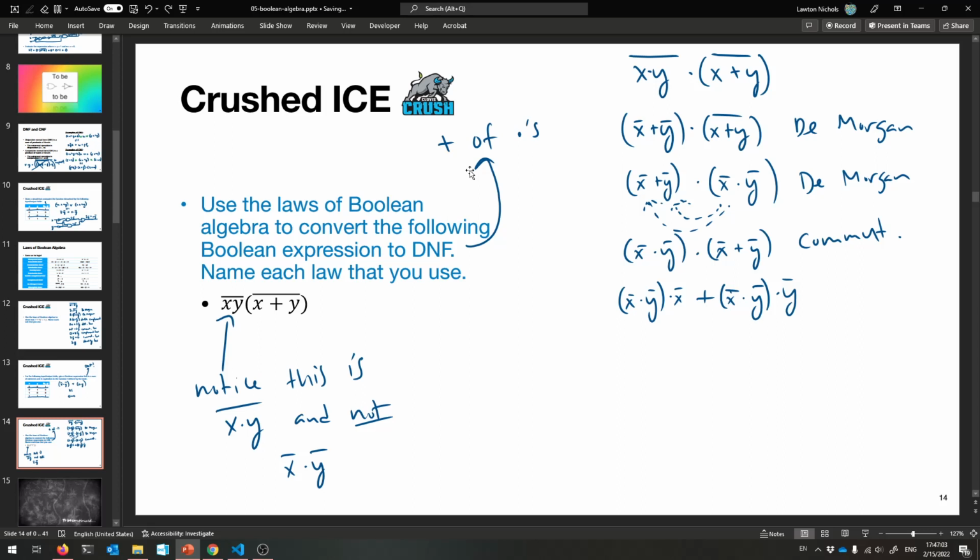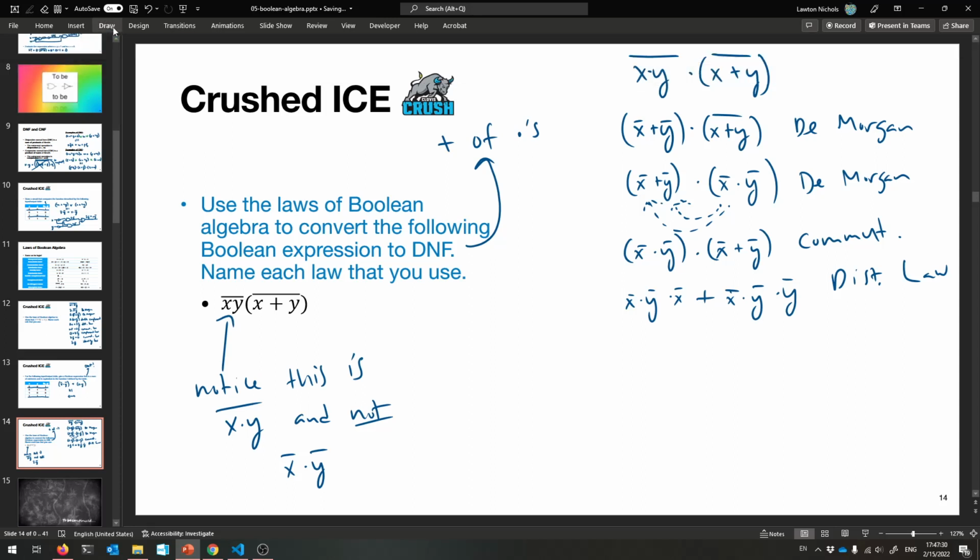And because of the associative law for and, or multiplication, we could then remove any of these parentheses. They don't really matter at that point, and I'll be lazy and do that now. So technically, this is fine. And this was the distributive law, right? Let's write that. Dist law.